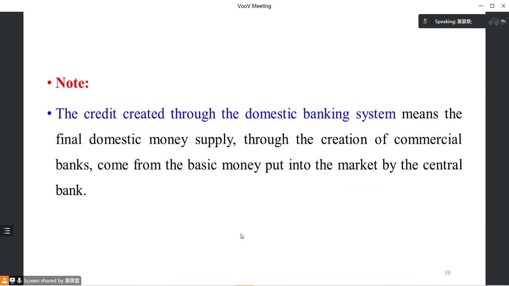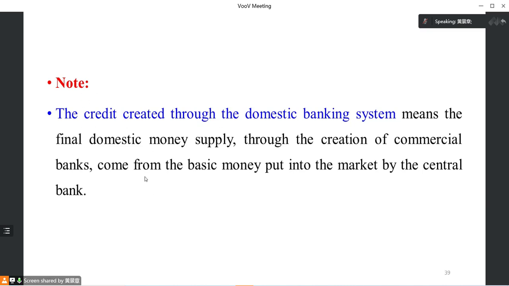Let's go on. Notes. The credit created through the domestic banking system means the final domestic money supply through the creation of commercial banks, which comes from the basic money put into the market by the central bank.